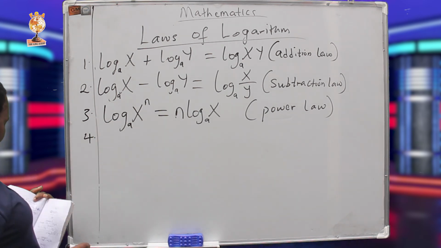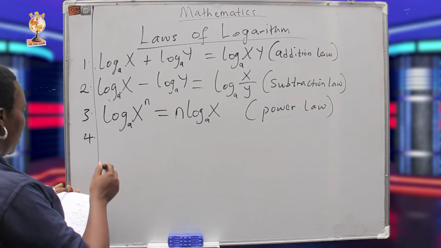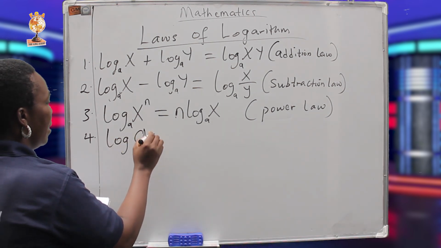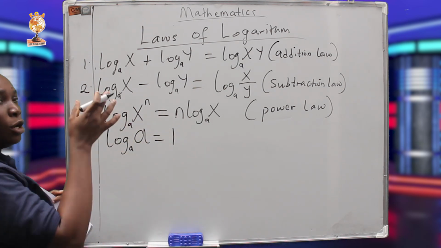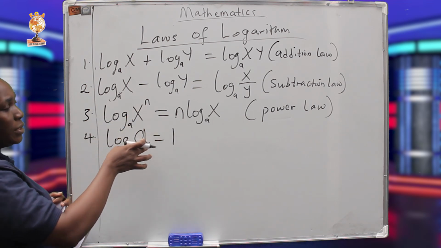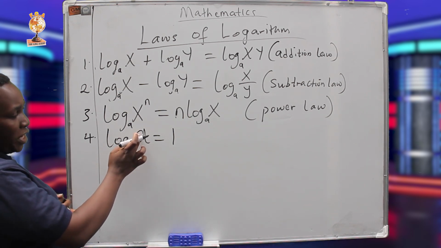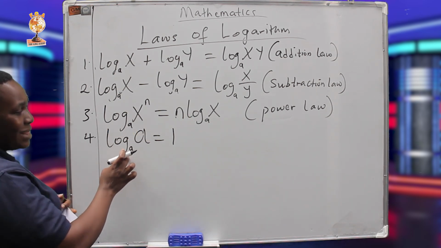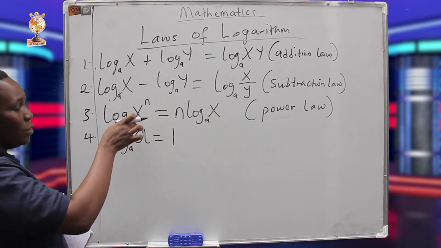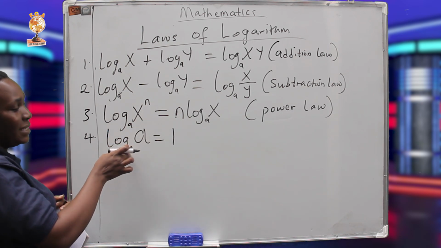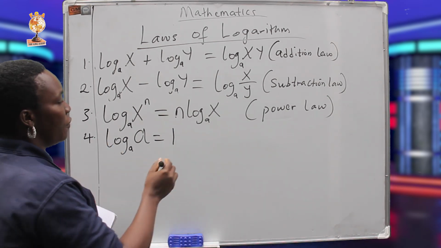Okay, let's look at number 4. Okay, if we have log a base a is equal to what? 1. The logarithm of a number to its own base is equal to 1. So look at this. This is a, the logarithm is a, the base is a. If they are the same thing, a or 10 or 9, whatever it is the logarithm is, and that is what you have as the base too, your answer is always 1. We call this logarithm of its own base.